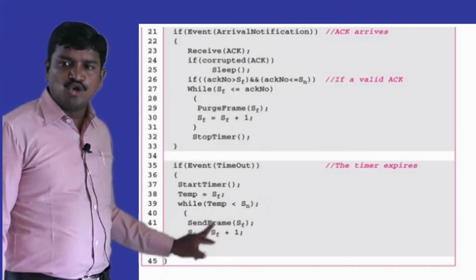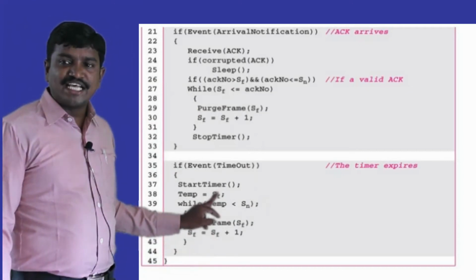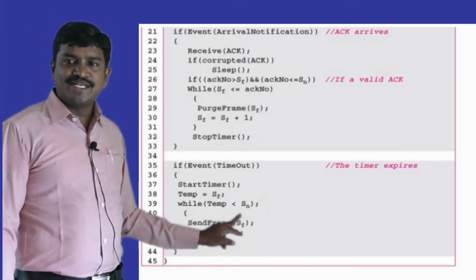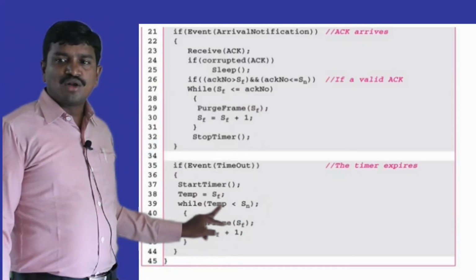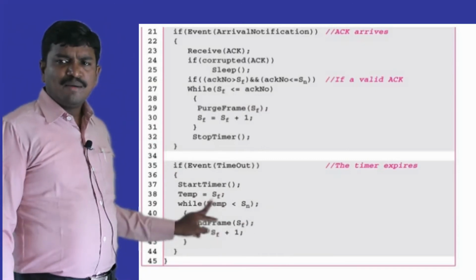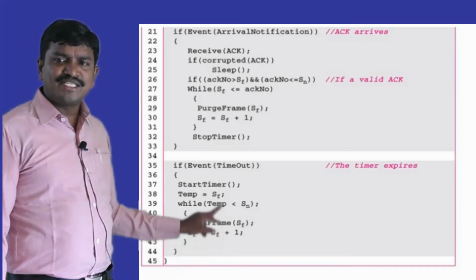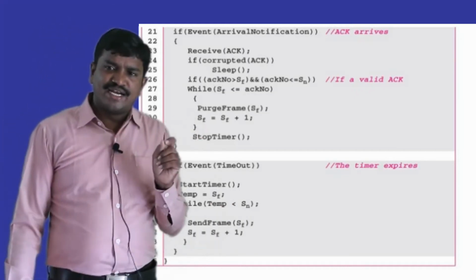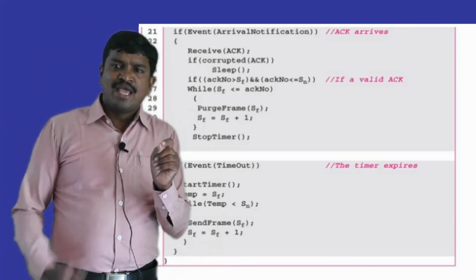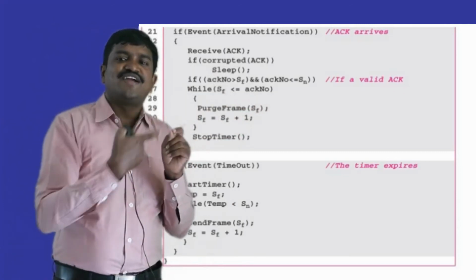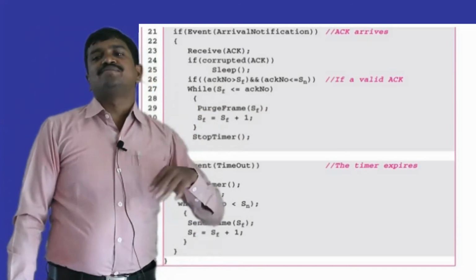If you observe this while loop, from where we started, SF, the first outstanding frame, up to where we need to send, SN, we are going to send multiple frames. Send that frame, increment by 1. How many frames we need to send depends on where SF stands and where SN stands. So the distance between SF and SN, that many frames are retransmitted.